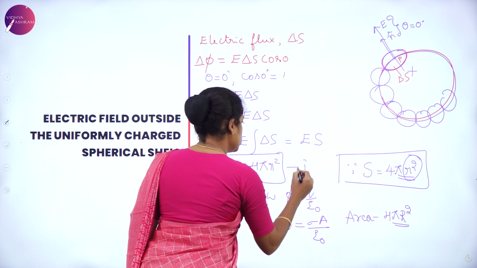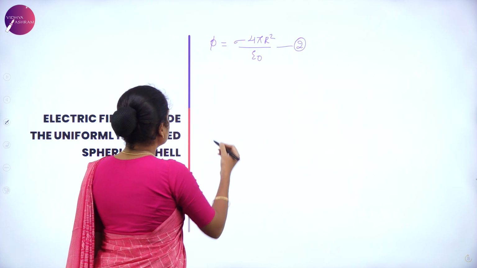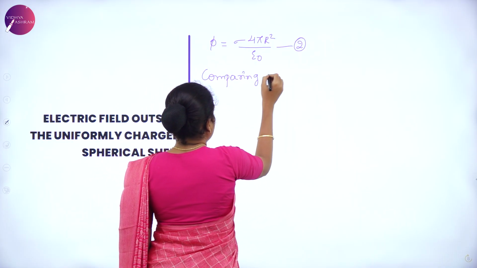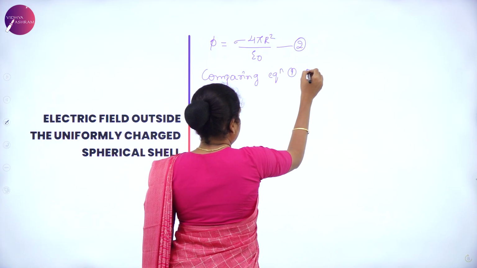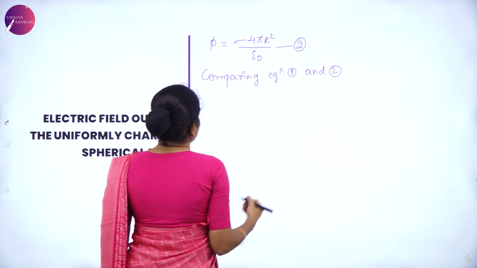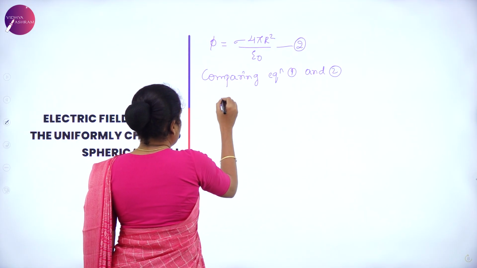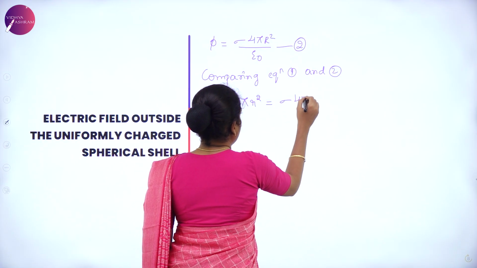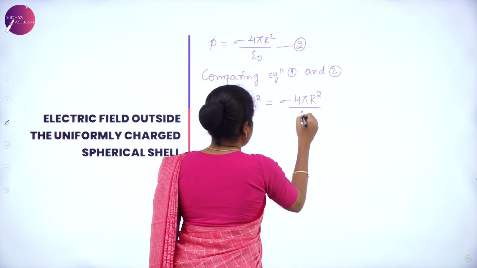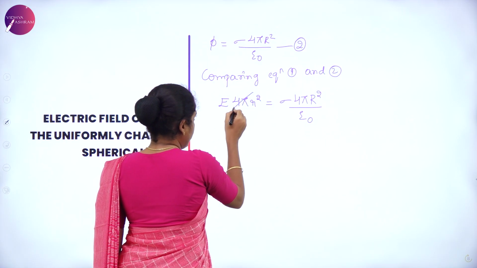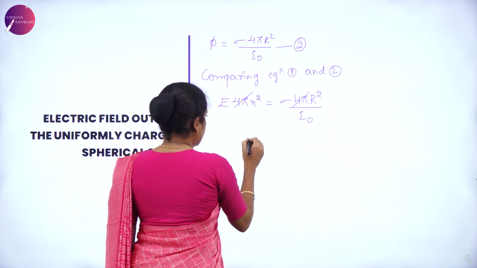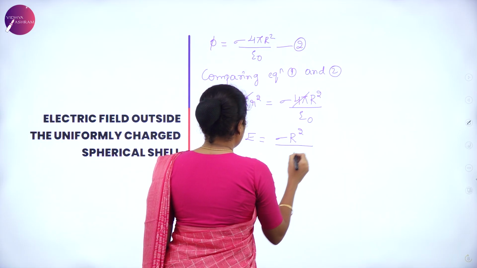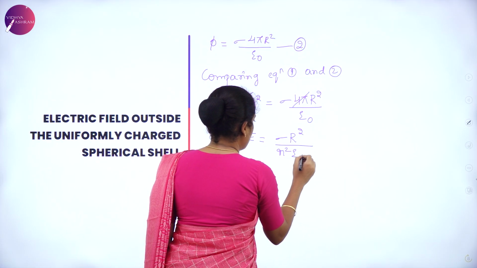The previous one is equation 1. Now, comparing equations 1 and 2, we have E 4 pi r squared is equal to sigma 4 pi R squared by epsilon naught. 4 pi gets cancelled and the expression for the electric field is sigma R squared by r squared epsilon naught.